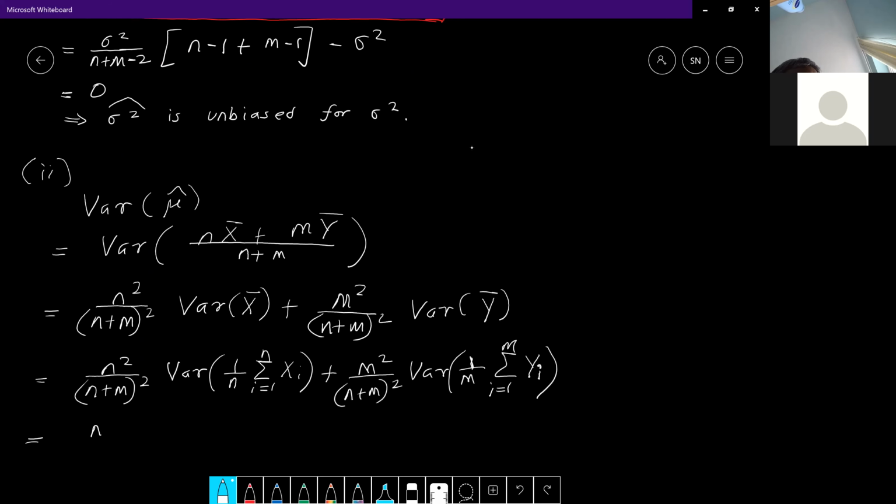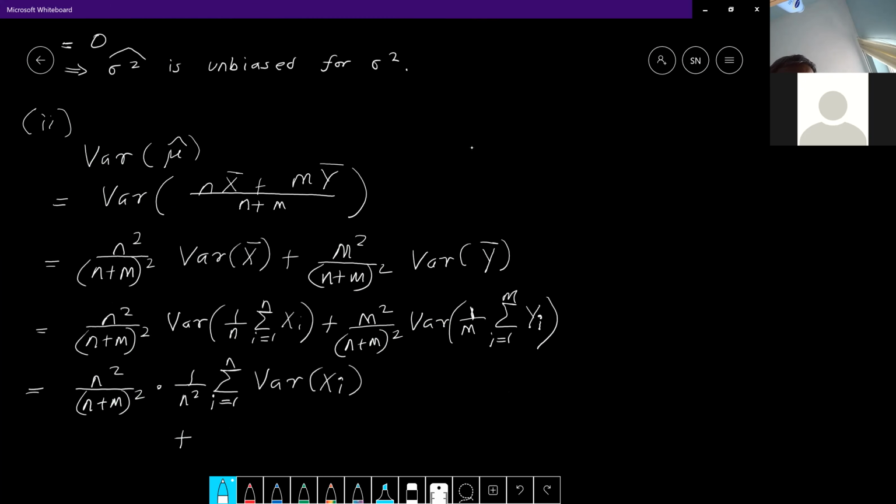So this becomes n squared divided by, if you take the n outside, it becomes 1 over n squared times the sum of the variance of xi, then plus 1 over m squared times the sum of the variance of y's.